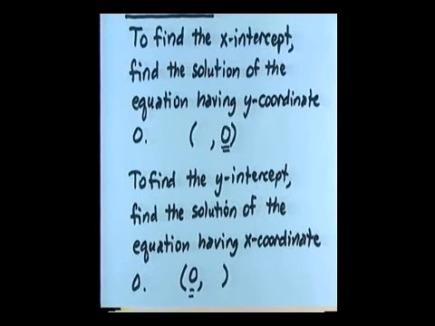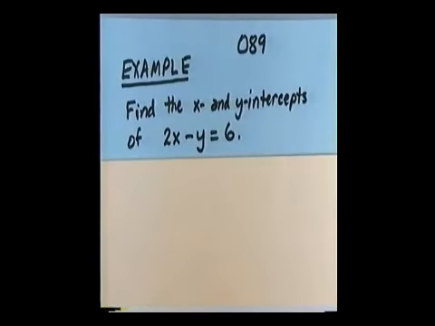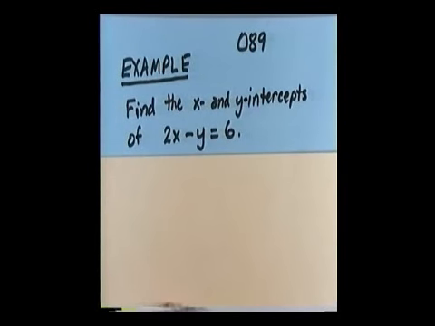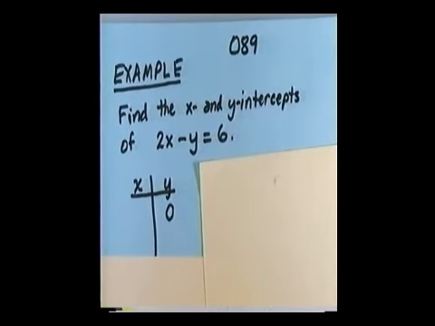When we find the intercepts, we typically are working from an equation. So, as our first example, let's find x and y intercepts for a line. The instructions read, find the x and y intercepts of 2x minus y equals 6. Well, to do this, we'll find the points where first the y-coordinate is 0.